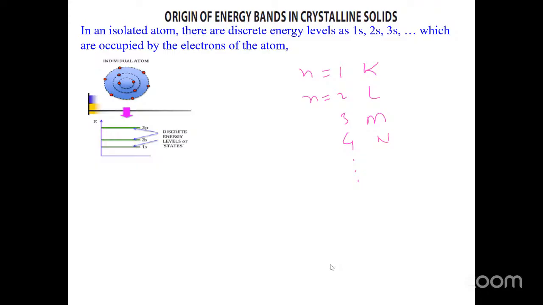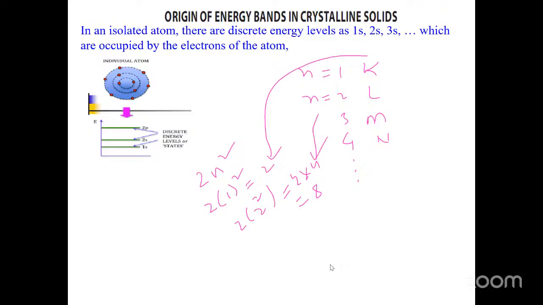Maximum number of electrons, the formula is 2n square. If you substitute 2 into 1 square, that is 2. That means the K shell can be occupied by 2. 2 into 2 square is 2 into 4, 8 electrons. In which shell, Andy?